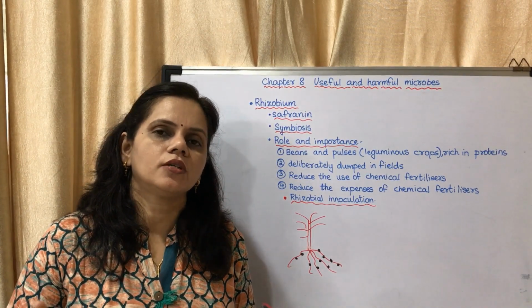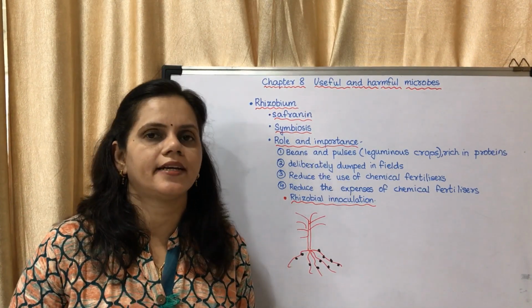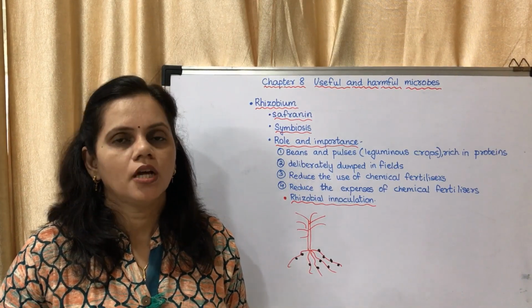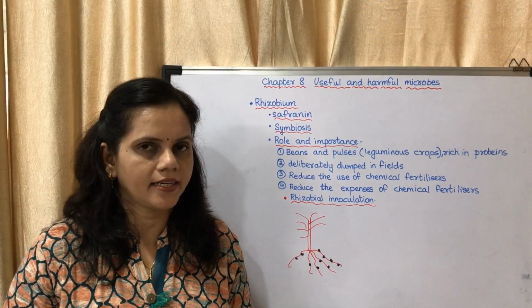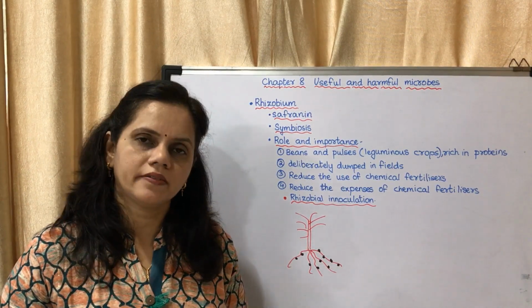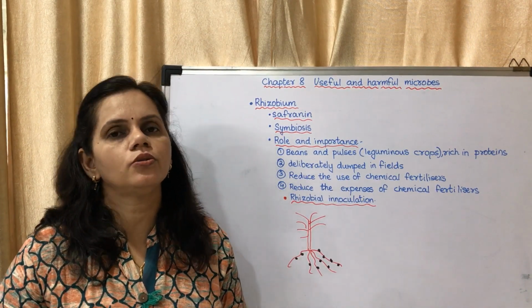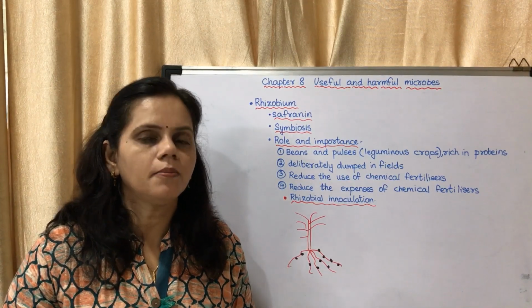It has to get converted from nitrogen to nitrites and nitrates, that is nitrogen compounds. So who converts it? This Rhizobium converts atmospheric nitrogen to nitrites and nitrates and makes it available to the plants.